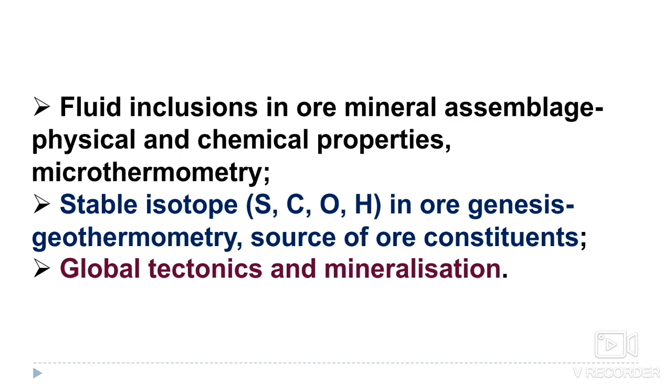Previously this topic was included in geochemistry, but now it has been included in economic geology. So you have to study it, especially stable isotopes in reference to ore genesis. Geothermometry, source of ore constituents, and global tectonics and mineralization.